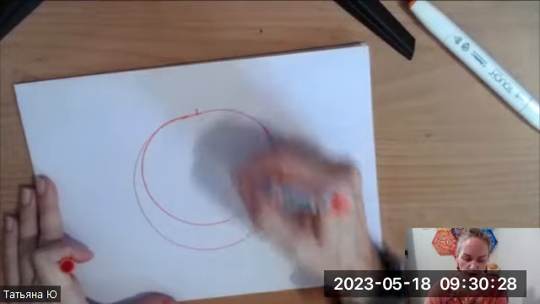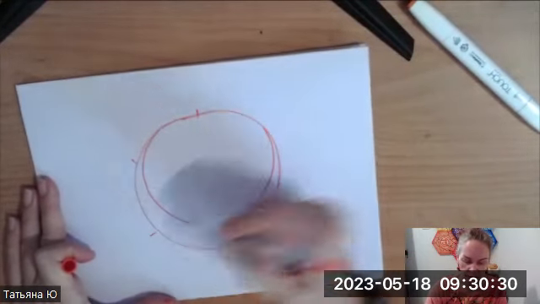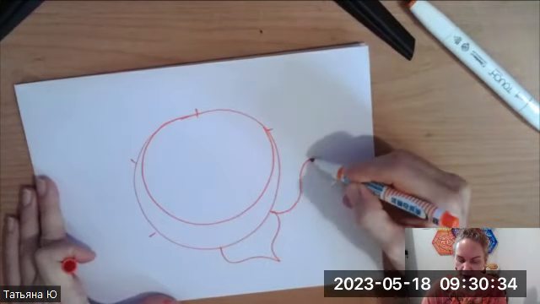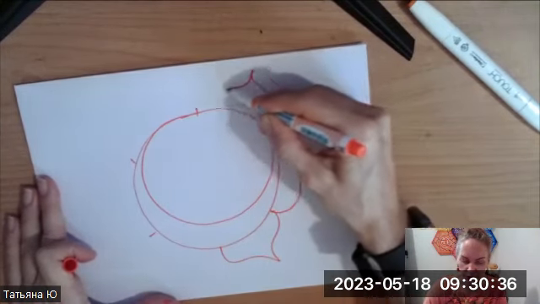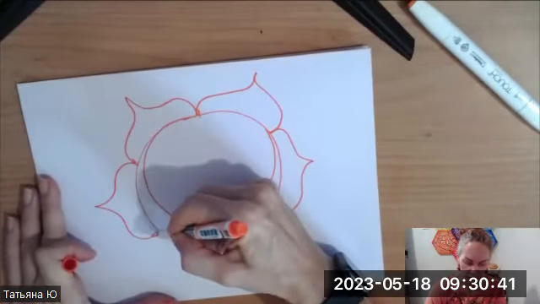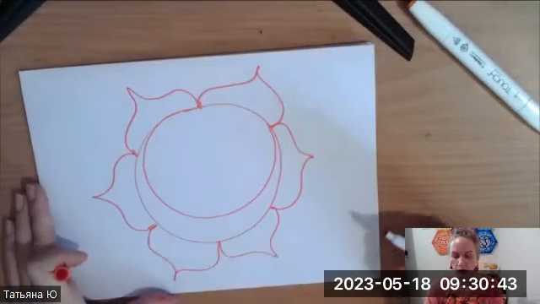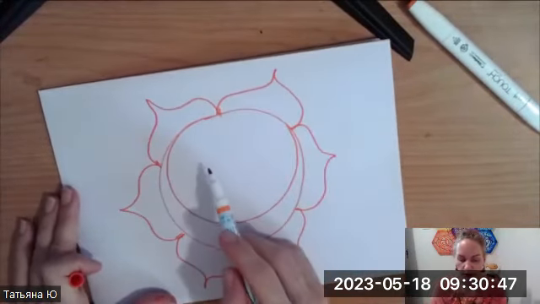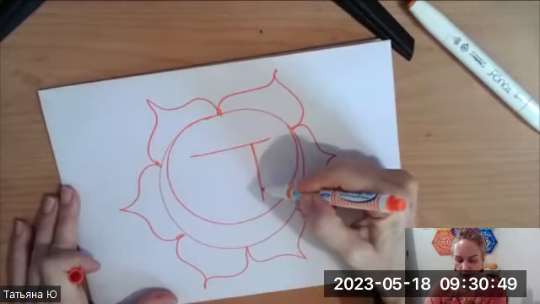Maybe you don't need to draw a symbol inside, but if you want to, you may draw it. Okay, so we acknowledge it. This is the second chakra, and I will draw the symbol.